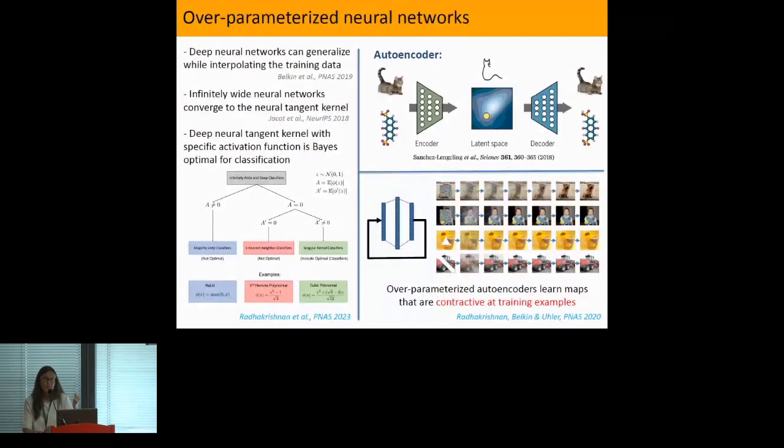This is a good thing because you would want an autoencoder that should generalize, should learn a map such that if you put in something close to a training example, it shouldn't map you to something very, very far away. That would be a crazy function to learn. When you're close to a training example, it should either move you a little bit closer or at least keep you at the same distance, because you're pretty certain about how the manifold looks when you're close to your training examples.